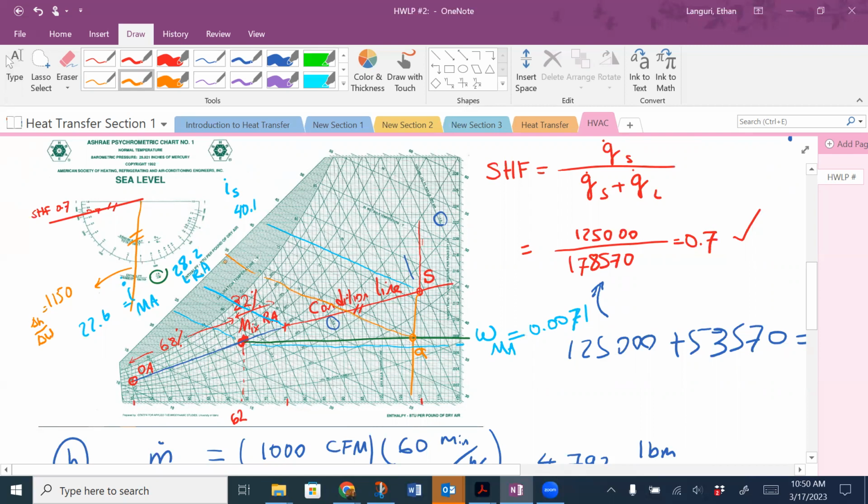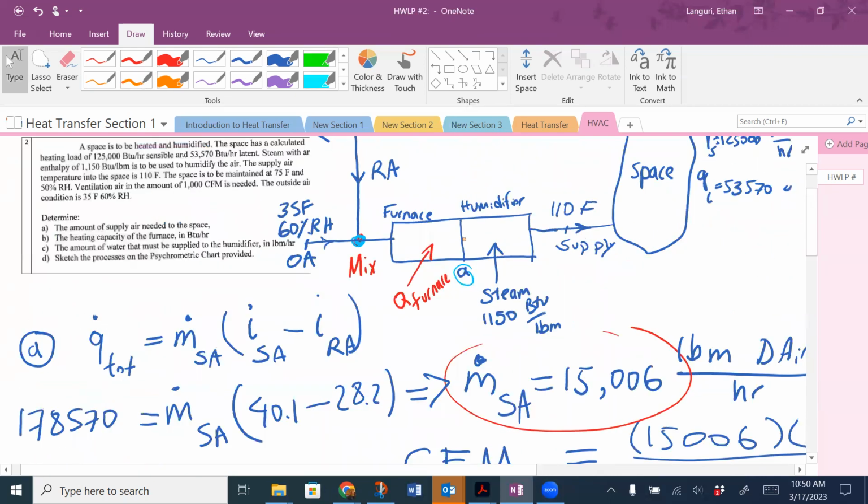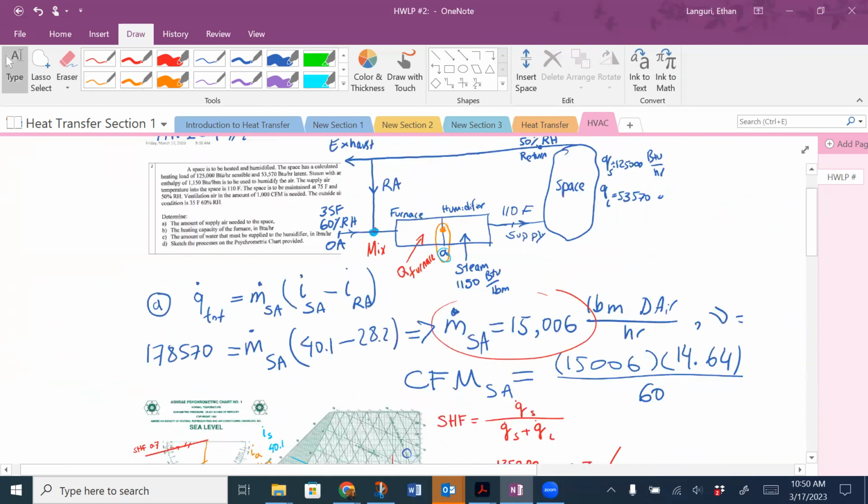Let's call it a little less than 35, so this is 34. It's the enthalpy of point A, and remember point A is the point between the furnace and humidifier.